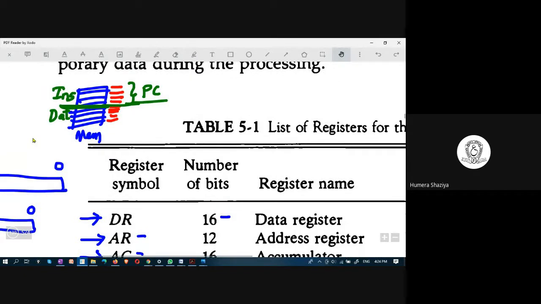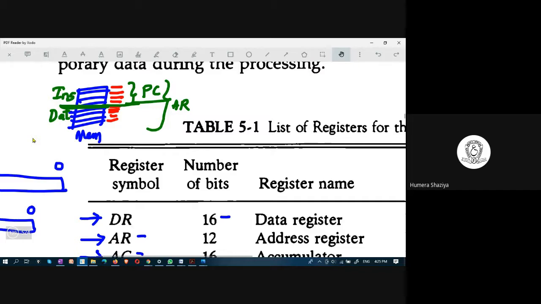PC can store only these addresses. What are these addresses? These addresses belong to instructions. Whereas AR can hold the address of instruction as well as of data. But PC can hold only the address of instruction and not the data.